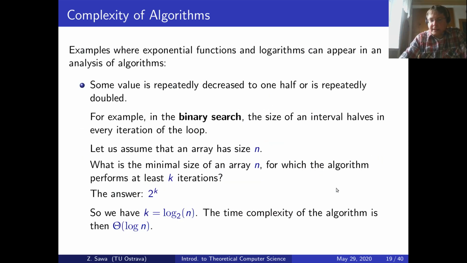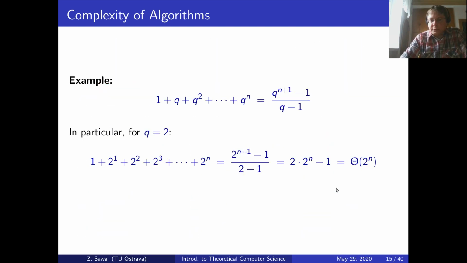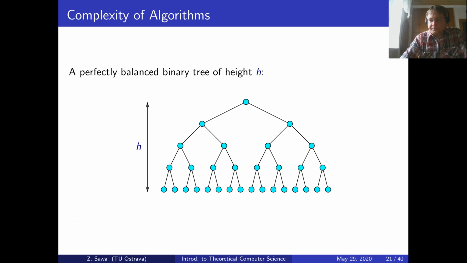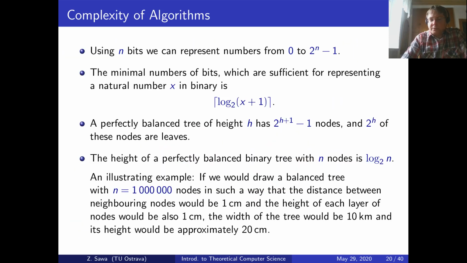We discussed this geometric progression here. When we use this formula to compute this sum, it is 2 to h plus 1 minus 1.